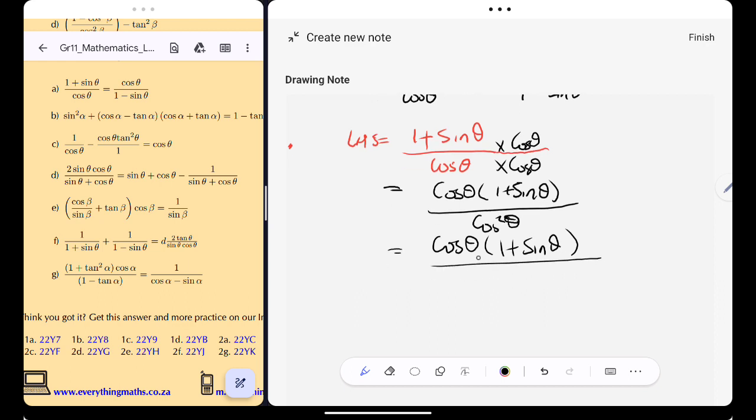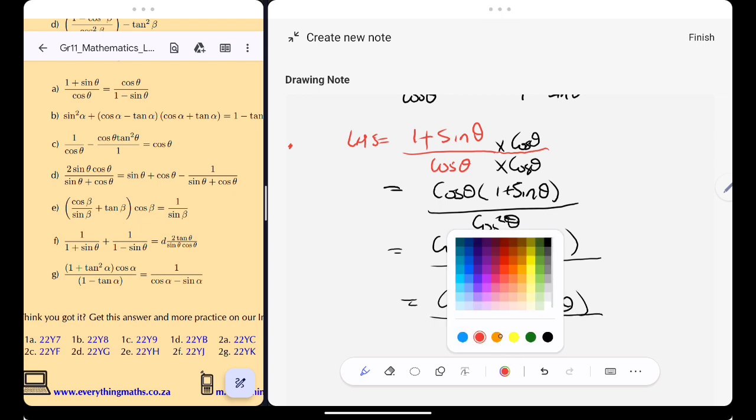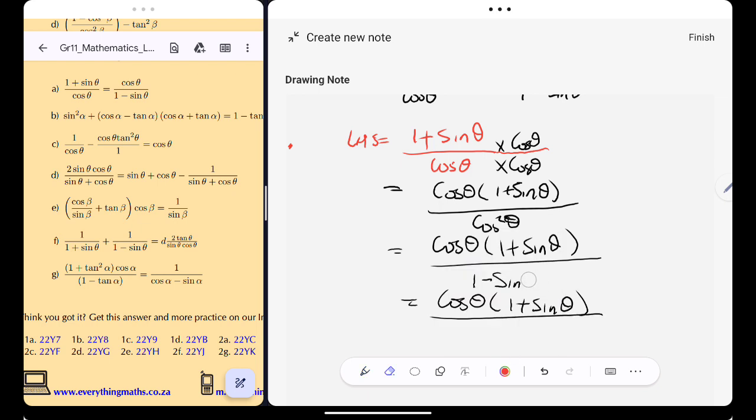I know that cos squared theta can be written as 1 minus sine squared theta. Then I have cos theta times 1 plus sine theta. I just want to write in a different color to show that I've changed something.